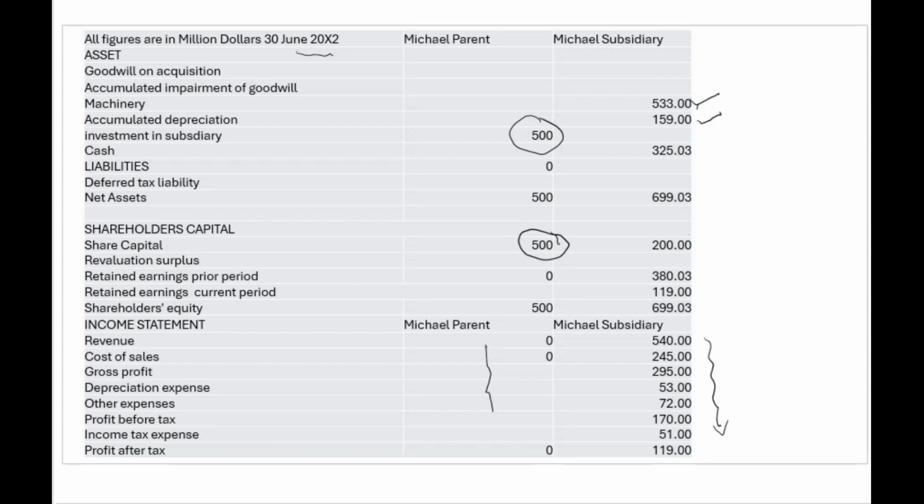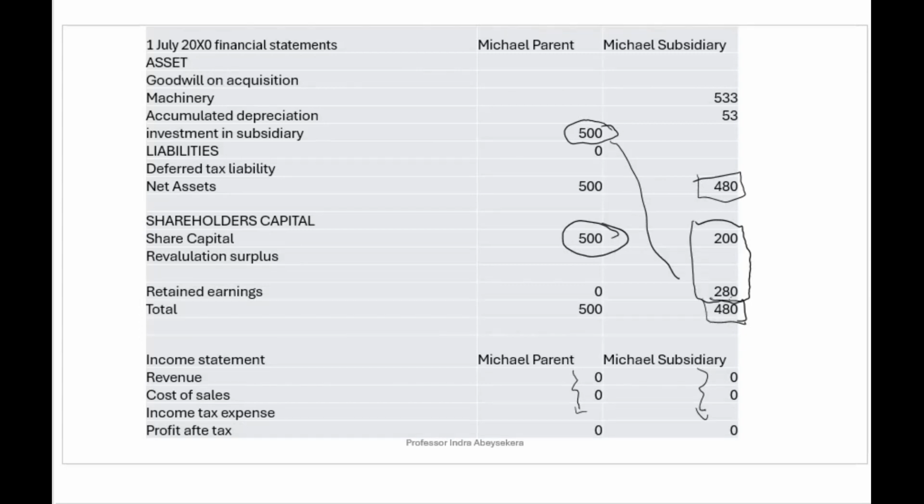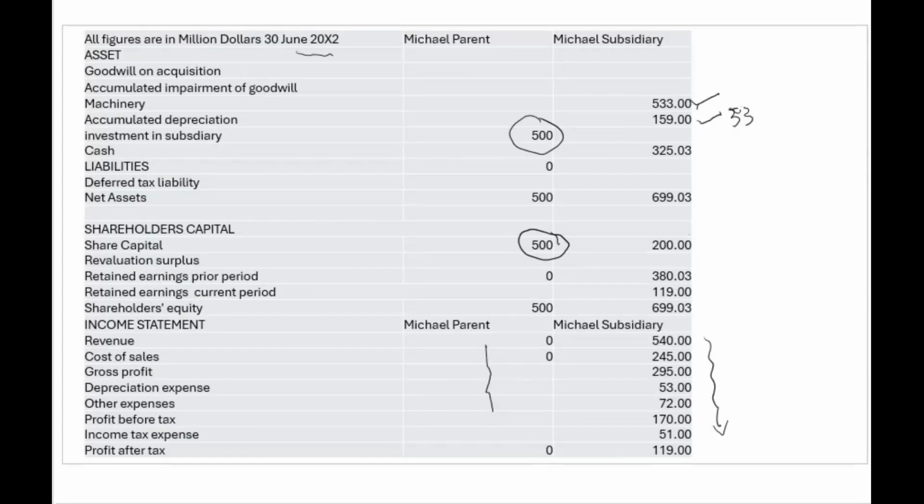We saw that at the date of acquisition, the accumulated depreciation was 53. And the cost of the machinery was 533.